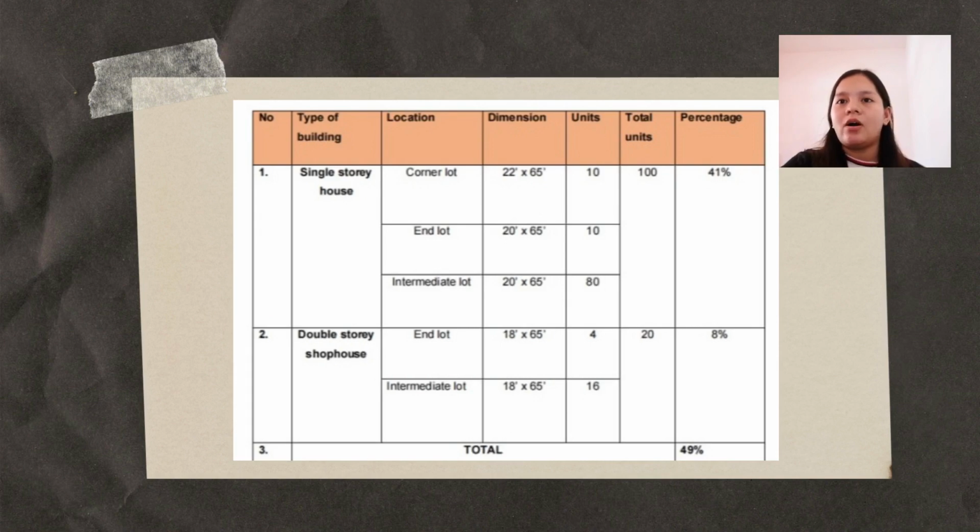So we get the total of all units is 20. The percentage of this unit is 8%. The total from the percentages that we got is 49%.